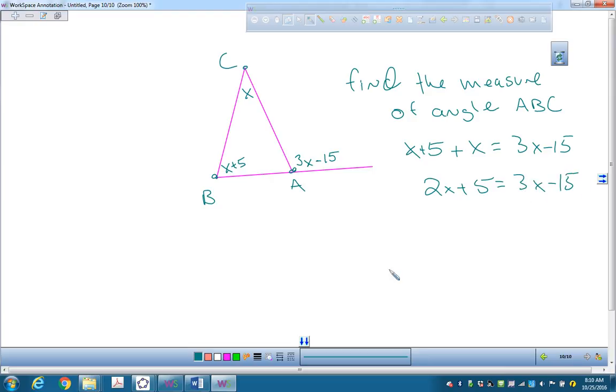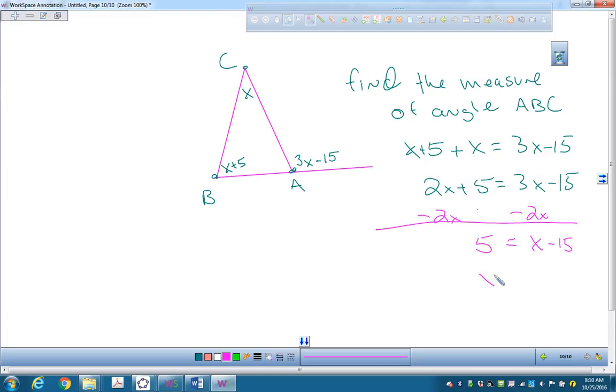Then what? Evelyn, what do I do next? You have to get all the x's on one side and the numbers on the other side. What should I get on which side? You could just minus the 2x. Yeah, that's what I do. Take away 2x, take away 2x, right? So you get x minus 15 equals 5.